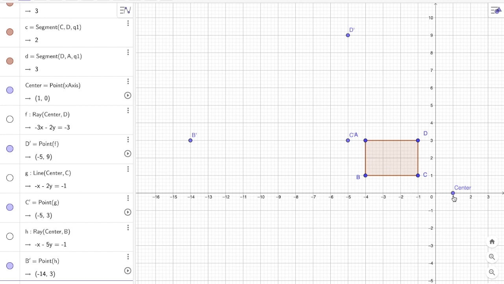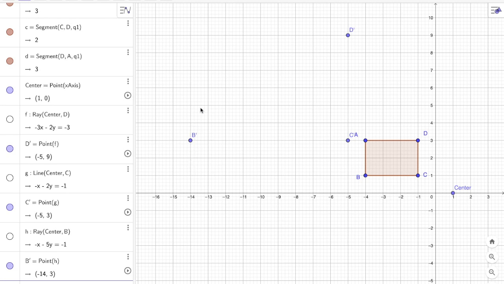So dilating by a scale factor of 3 would mean we need to go 3 times as much as that distance. So 1, 2, 3, 4, 5, 6, 7, 8, 9, 10, 11, 12, 13, 14, 15. And we're going to go 3 times as much as before, so that means we need to go up 9.